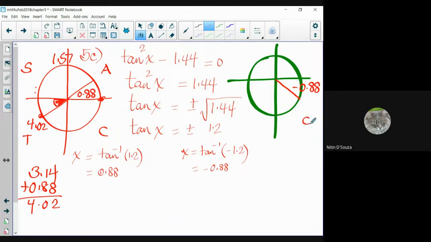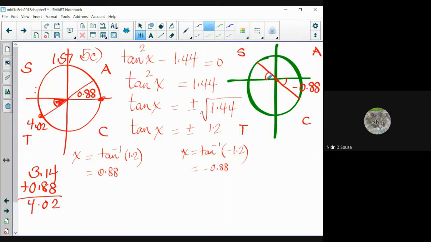This is C, A, S, T. In this quadrant, it's negative. The other quadrant that it would be negative in is this one. Okay. First, let me show you the easy one. If this is 0.88, this is 0.88, negative.